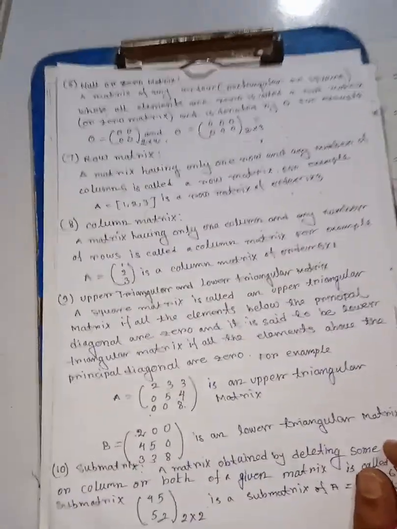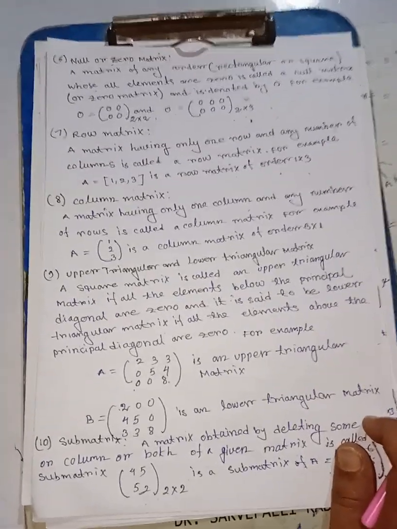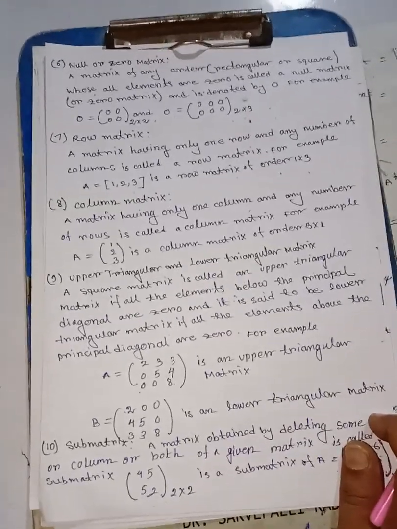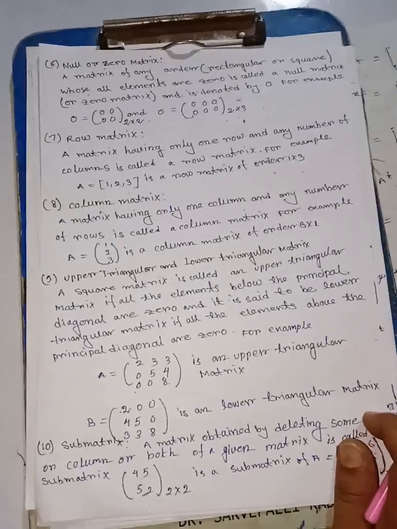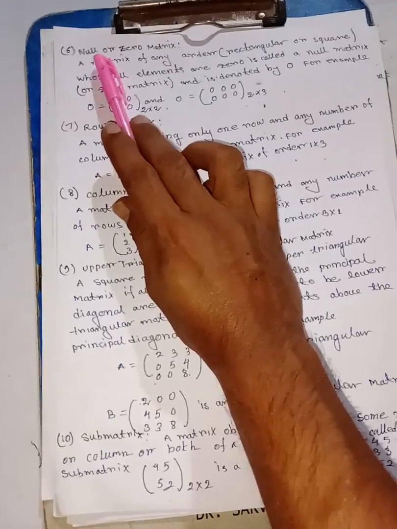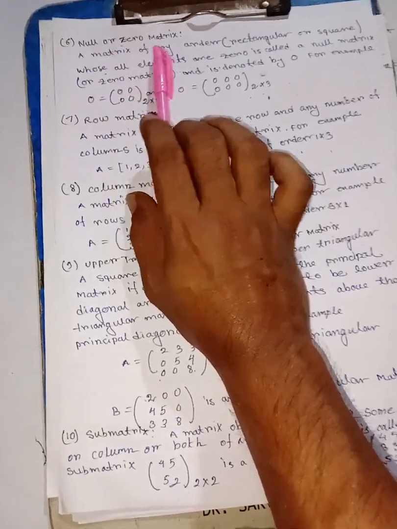Types of matrix. Sixth, null or zero matrix.